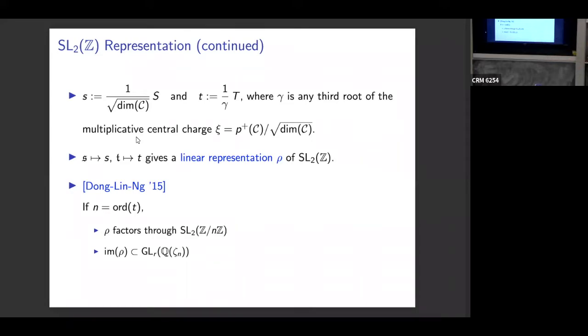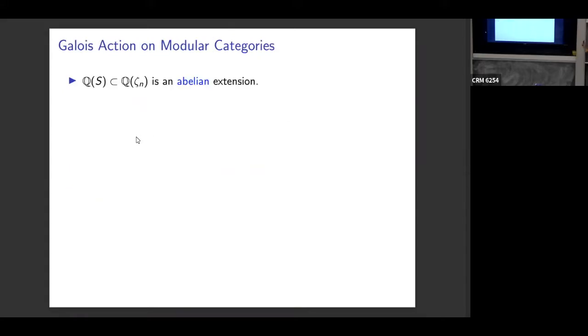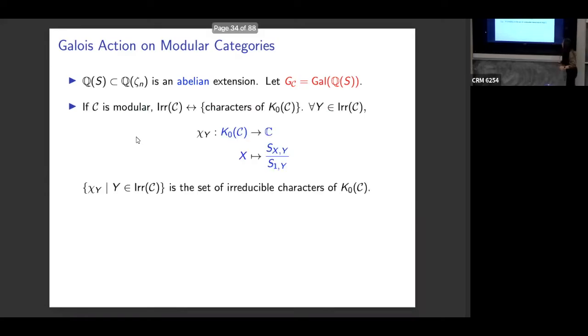Okay, so now we know that the field extension of Q adjoining the entries of S sits inside this cyclotomic field, and it's an abelian extension. From now on, we will call this Galois group of Q adjoining S by G_C. And by the Verlinde formula, there's a one-to-one correspondence between the simple objects of the modular tensor category and the characters of the fusion ring.